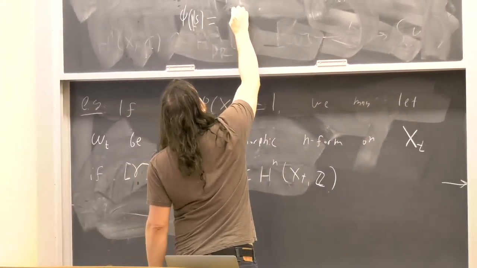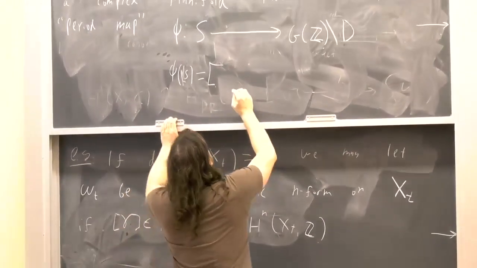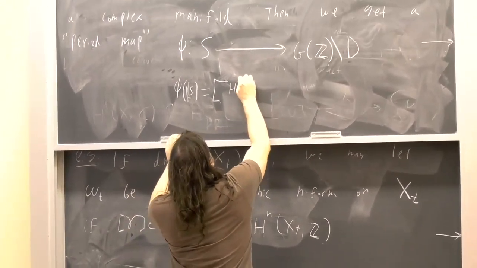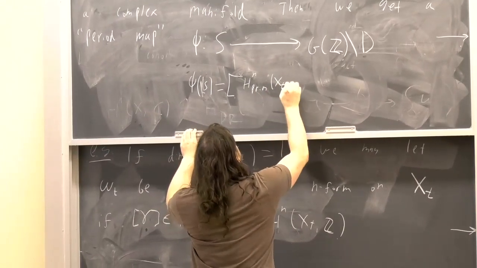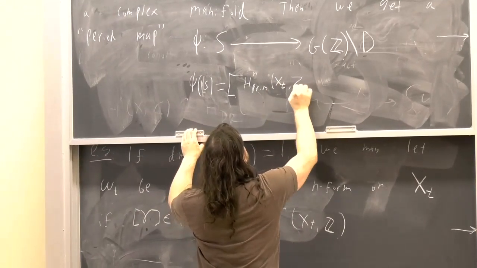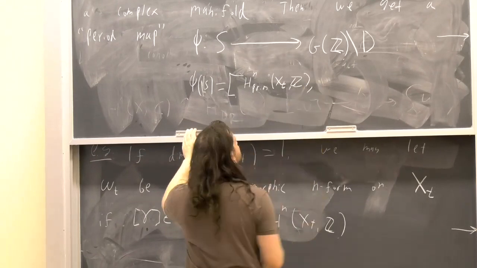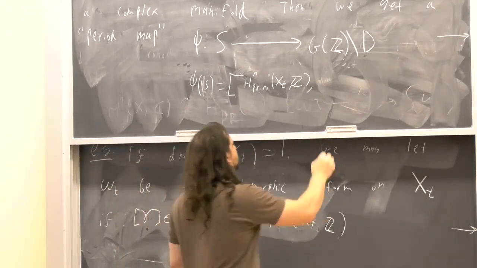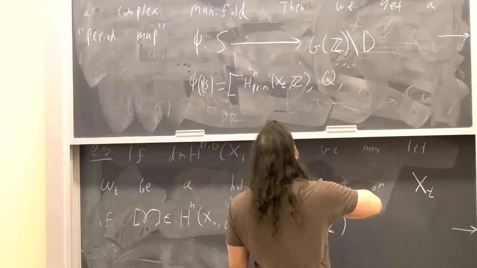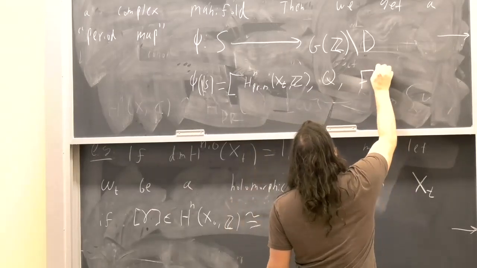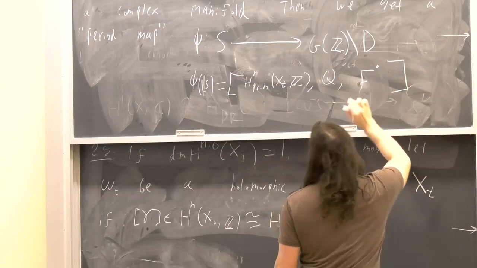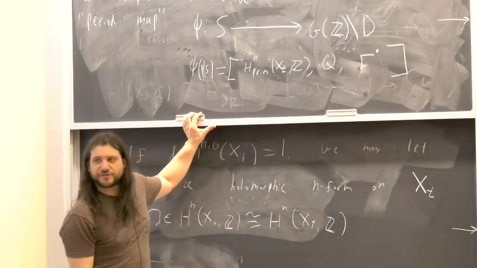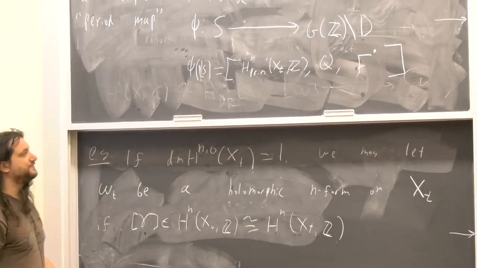So phi of s is just the class of the nth primitive cohomology of X, fibered over T, as a lattice, together with the corresponding Q and with the corresponding Hodge filtration. The isomorphism class of this triple.